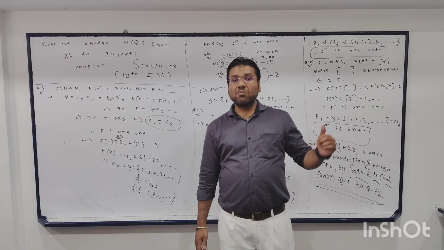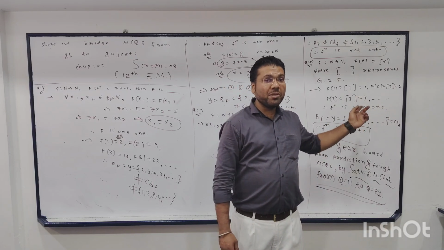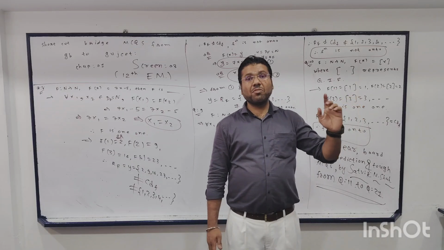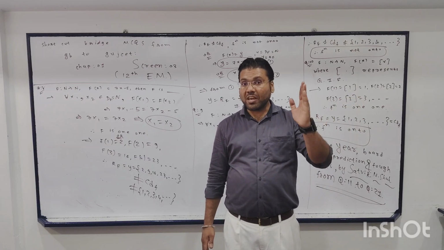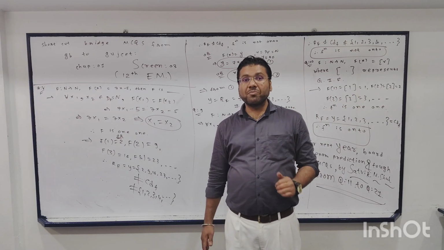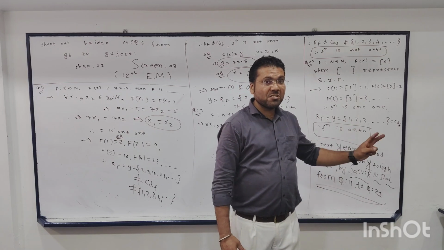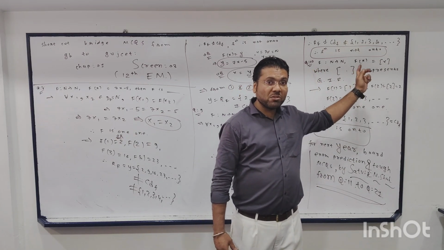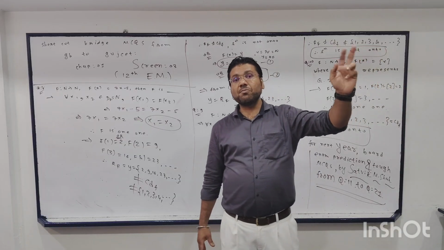But keep in mind, from R to R, the range will be capital Z. So at that time, the function will not be an onto function as per your textbook. But here our answer is that f of x equal to box x from N to N is both 1-1 and onto.